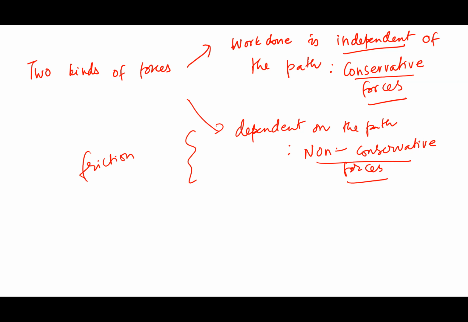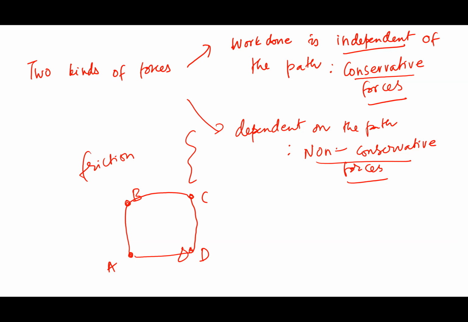Clearly, you can see this, that if you take two paths, right? Let's say this is point A, this is point B, point C, point D. So let's say you want to go from point A to point D. Let's say you take two paths. Path one is you go directly from A to D. Path two is you go from A to B, then to C, then to D, right?